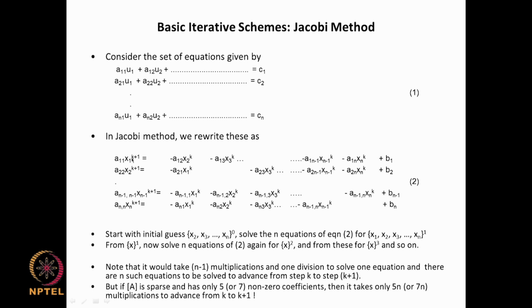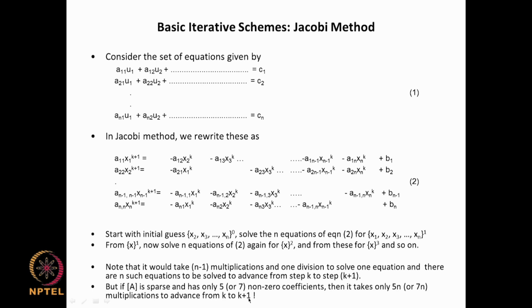So that means that one of these is kept on this side, the other 6 are coming on to this. So that means that you have to multiply only 6 times, not n times or n minus 1 times. Okay. So similarly this is again 6 times. So each equation is going to have 6 multiplications and 1 division, 7. So that is only 7n number of multiplications are needed to advance from k to k plus 1.